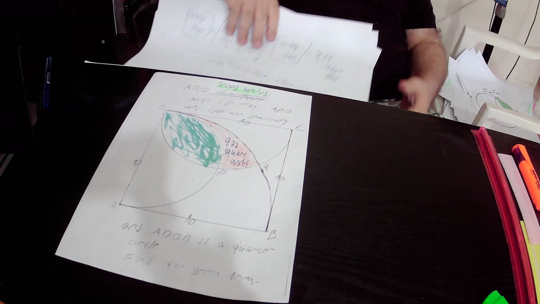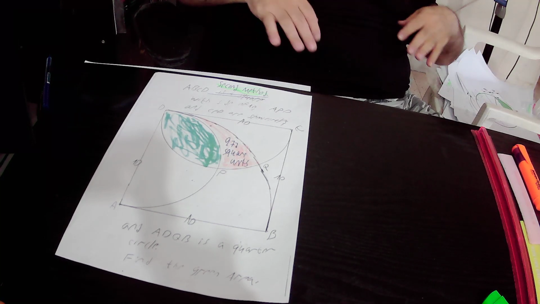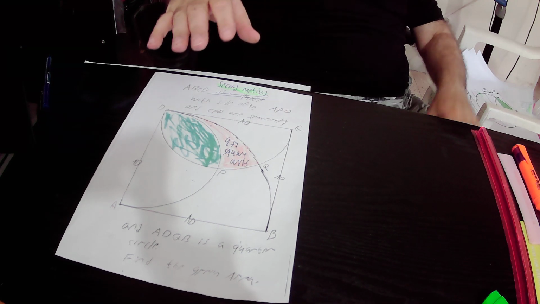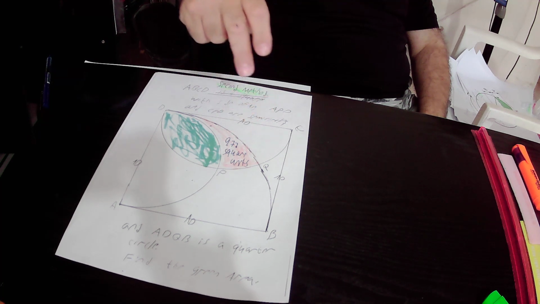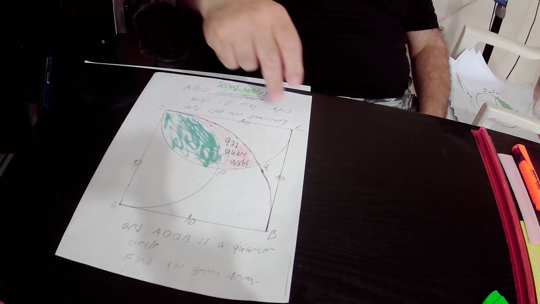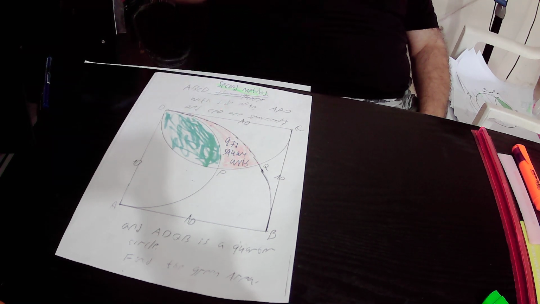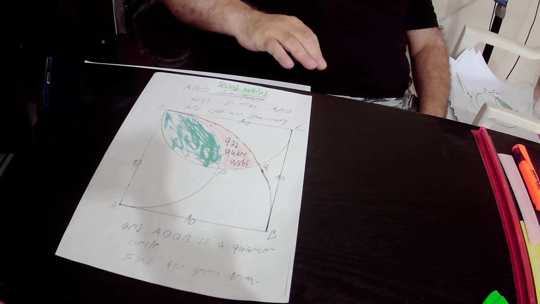Okay, so I'll summarize again in two sentences what we did in this lecture. We found the area of the orange shape, which equals the area of the big lens minus the area of the blue lens. We found it in two different methods.